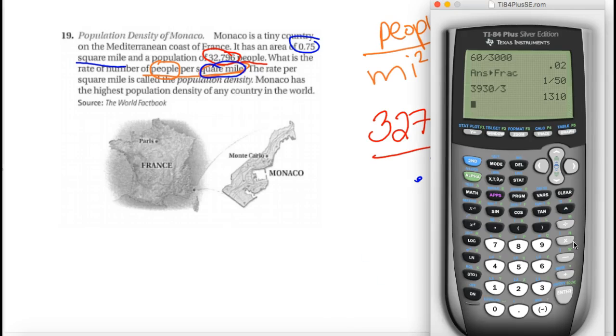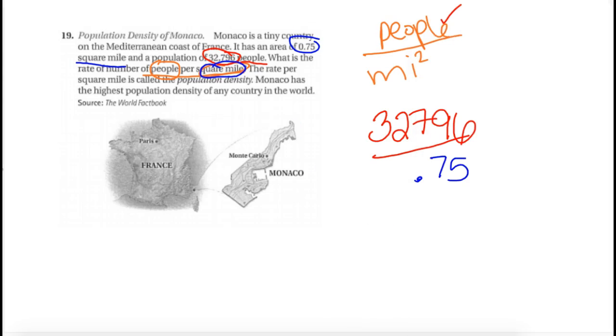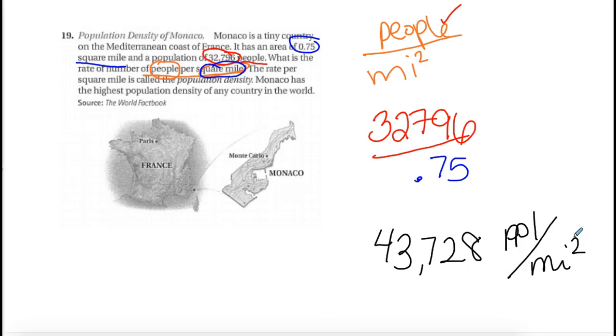Then I use my calculator. 32,796 divided by the square miles gives 43,728, and that would be people per square mile. This people per square mile is called population density. You don't need to know that in order to solve this math problem. If you want to know more about it, Google would be a great place.